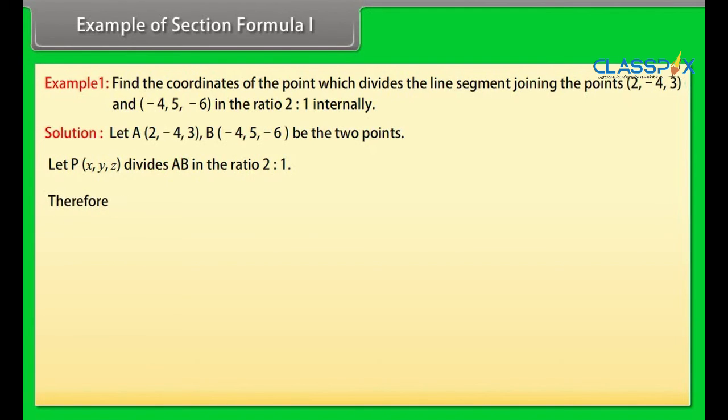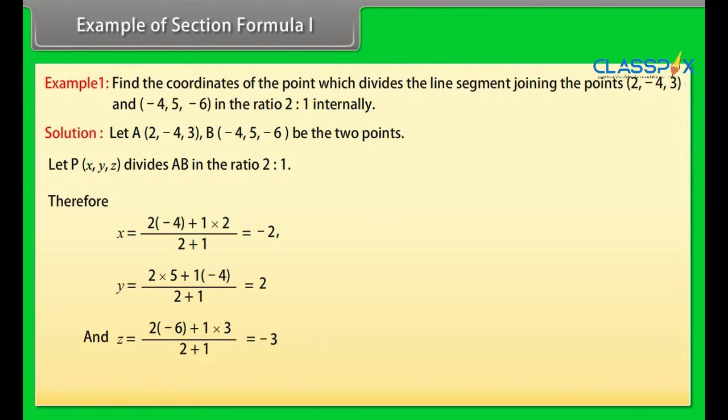Therefore, x is equal to (2 into -4 plus 1 into 2) divided by (2 plus 1), which is -2. y is equal to (2 into 5 plus 1 into -4) divided by (2 plus 1), which is 2, and z is equal to (2 into -6 plus 1 into 3) divided by (2 plus 1), which is -3. Thus, the coordinates of P are (-2, 2, -3).